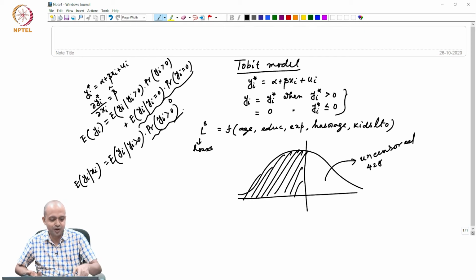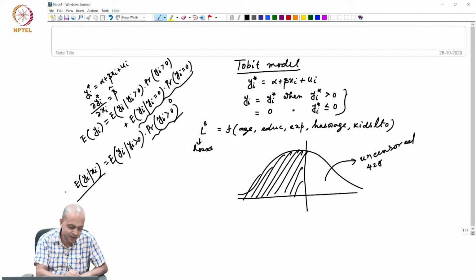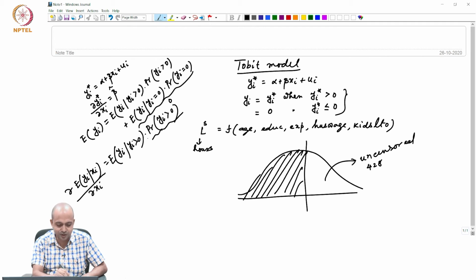So delta yi over delta xi is this, but what we want is delta expectation of yi given xi over delta xi. Since the probability that yi is greater than 0 is also multiplied with this, we cannot take those as a direct interpretation of marginal effects.